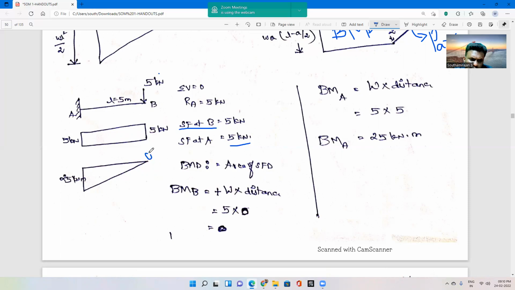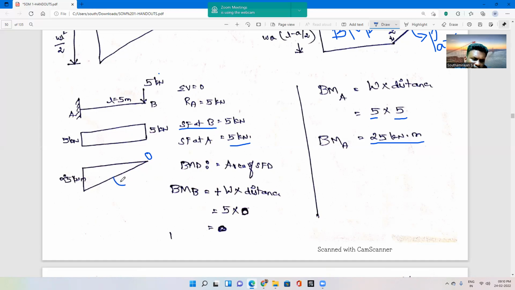So at this point, the bending moment will be 0. Similarly, bending moment at A point equals force into distance. Force will be 5 kilonewton and the distance will be 5 meter. So the total bending moment will be 25 kilonewton meter. So this will be the variation, because in this question we have applied a point load.